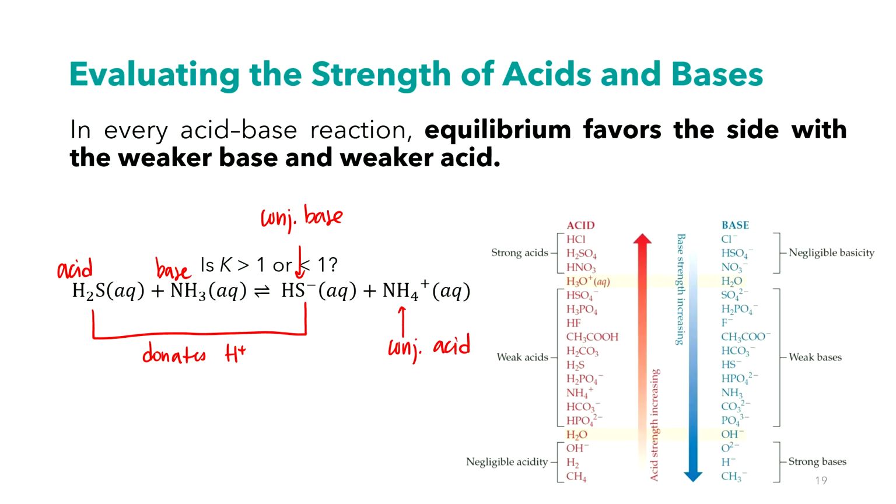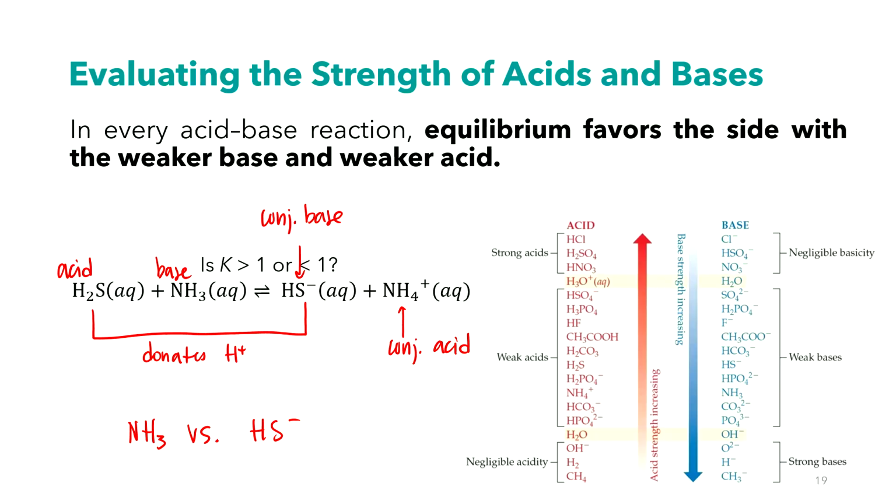All right, so to figure out which side I'm more likely to be on, I now need to figure out which side has the weaker acid-base combination. It doesn't matter if I pick the base or the acid, I'll do base this time. I'm going to compare the base strength of NH3 versus HS minus.